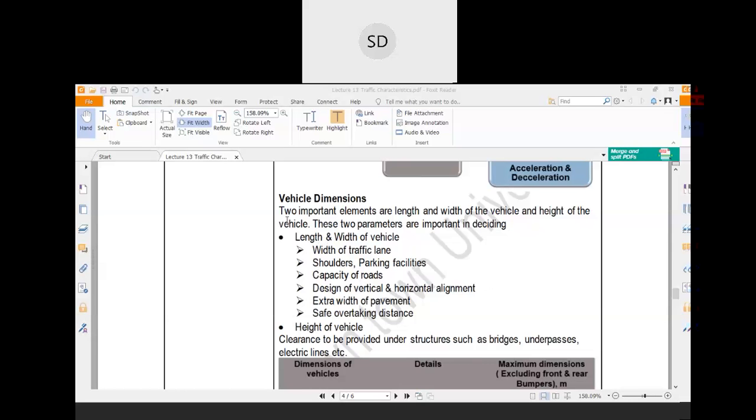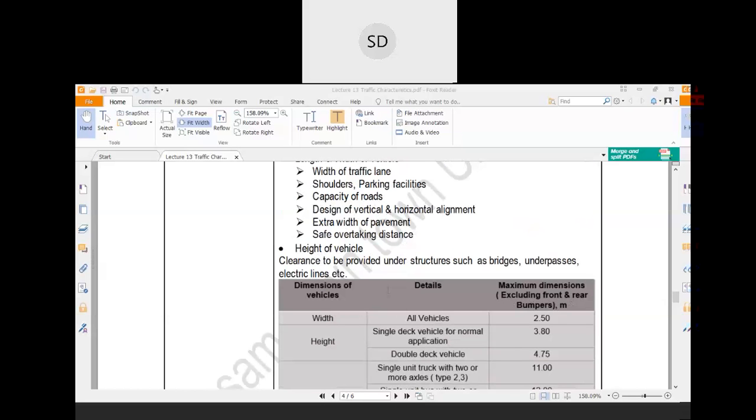As you already know, the length and width of the vehicle are important to design the width of a particular road or lane, different traffic lanes, then shoulder, parking facility, etc. Length is also required to find out the size required in the parking facility, then the capacity of the road, then designing of the vertical and horizontal alignment, extra widening of the pavement, etc. These depend on the length and width of the vehicle.